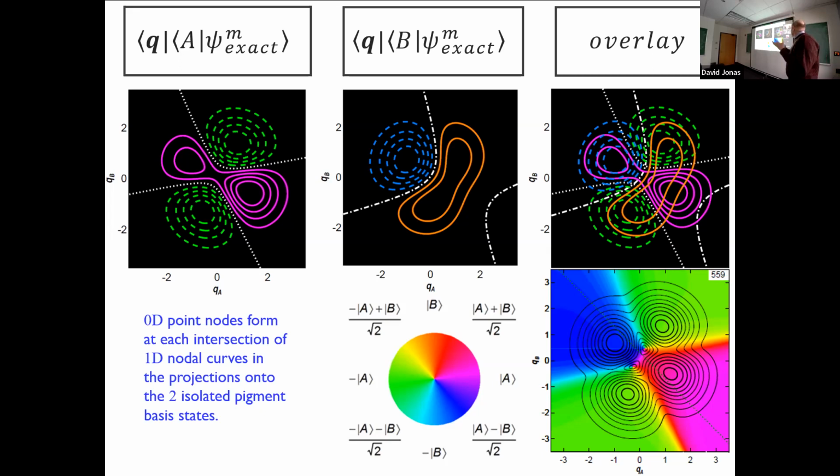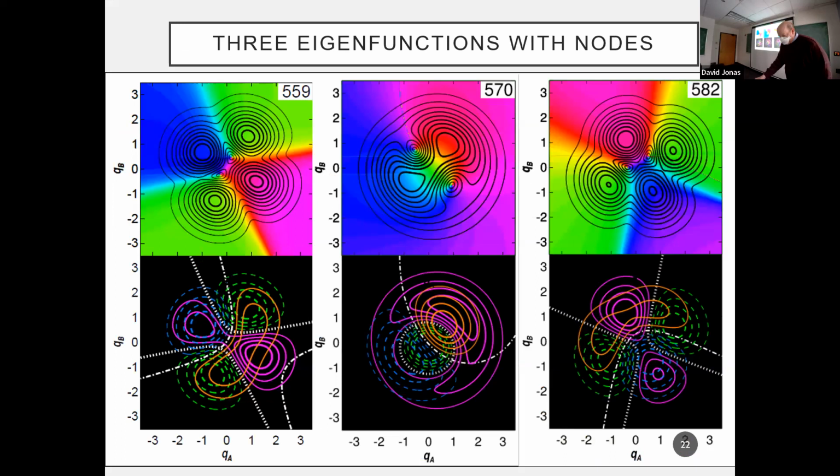And then you can do a very simple analysis to prove that these things are elliptical cones locally. All right. And you get 0D point nodes, right, is the sort of picture. Here are the other states, and you can see that exactly the same thing is happening for those three bizarre eigenfunctions that I showed before.